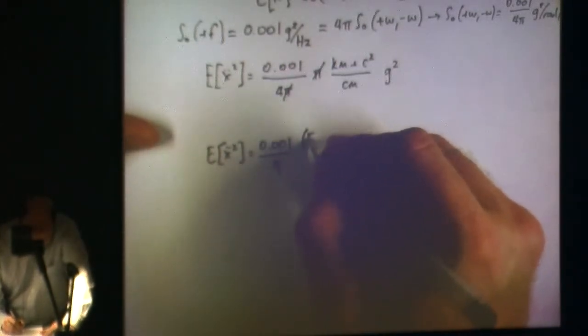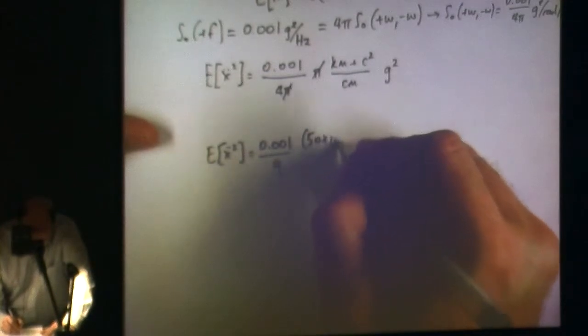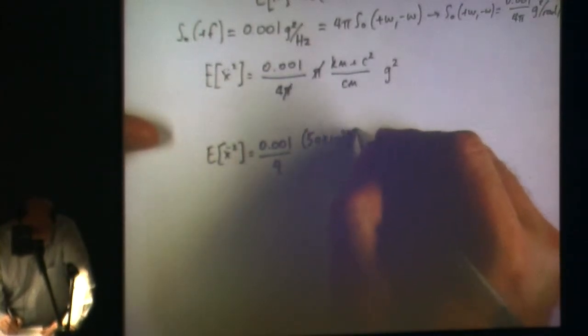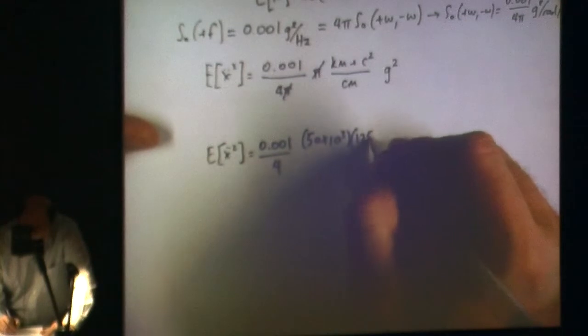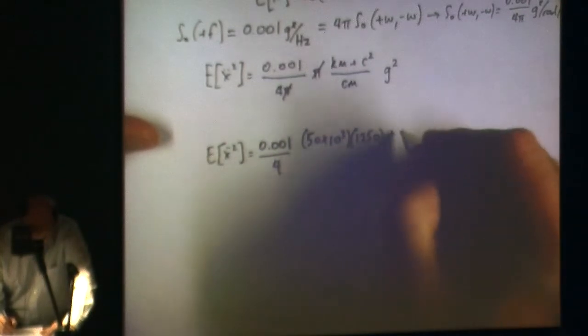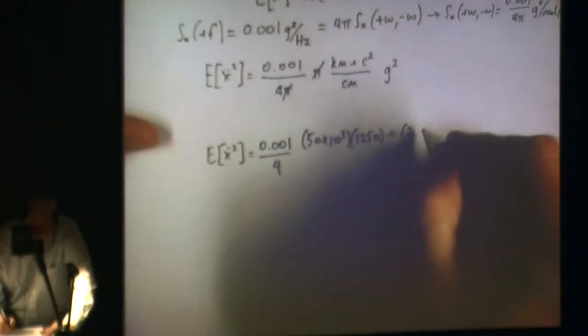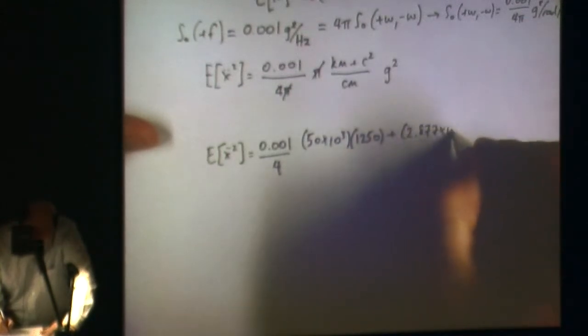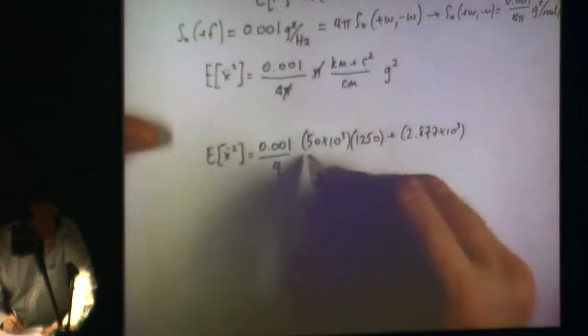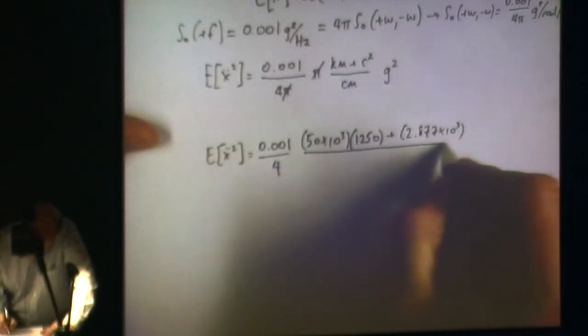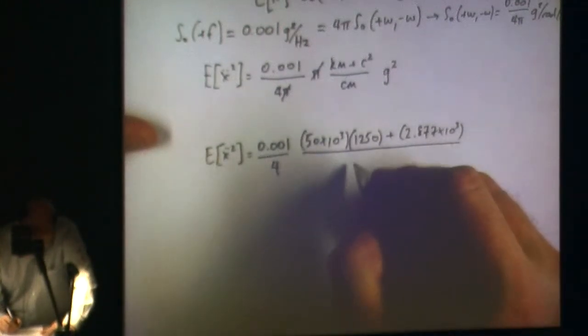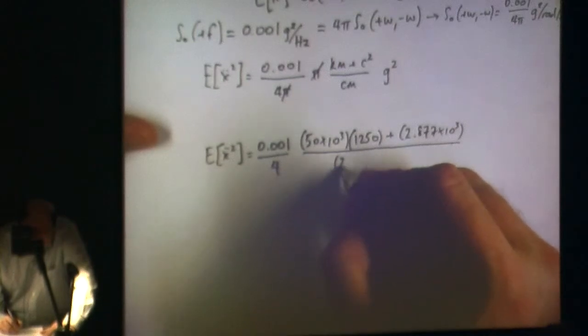We've got k, which is 50 times 10 to the 3, m, which is 1250, plus c squared, which we calculated to be 2.877, divided by cm, which is 2.8.